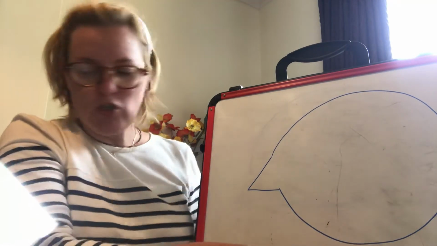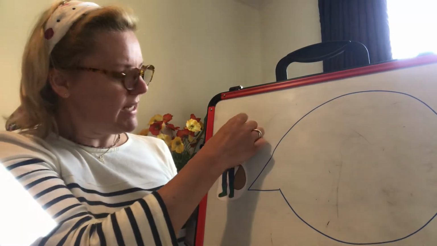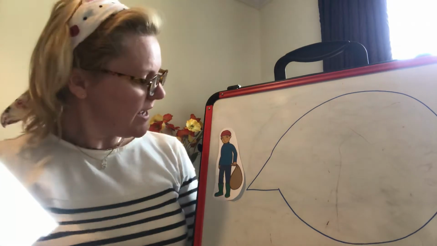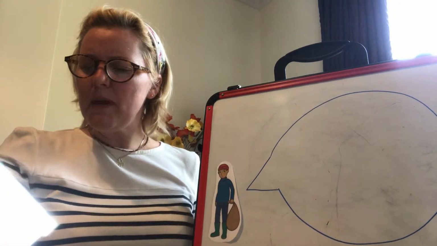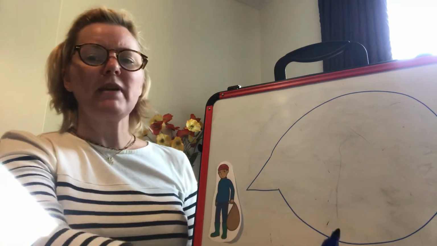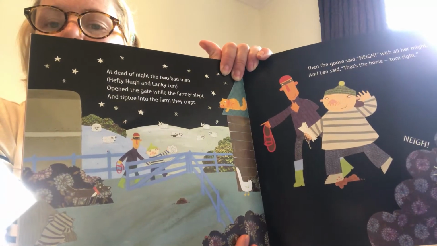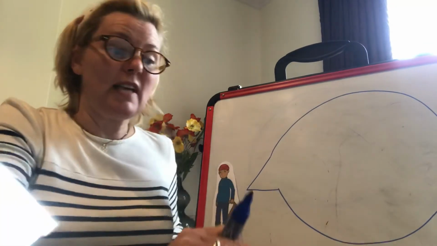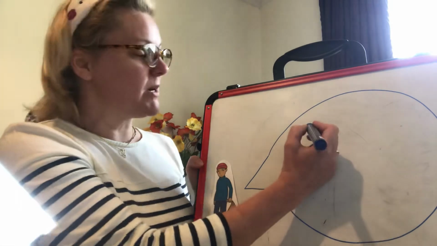I had Hefty Hugh yesterday, so I'm going to have Lanky Len to start with today. I'm going to think about what is happening on this page, in this picture, that Lanky Len might be saying. I've had a little look, and I think he might be saying, open the gate. So I'm going to write that in my speech bubble.